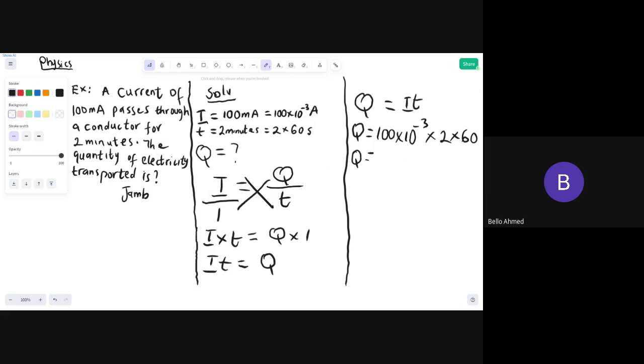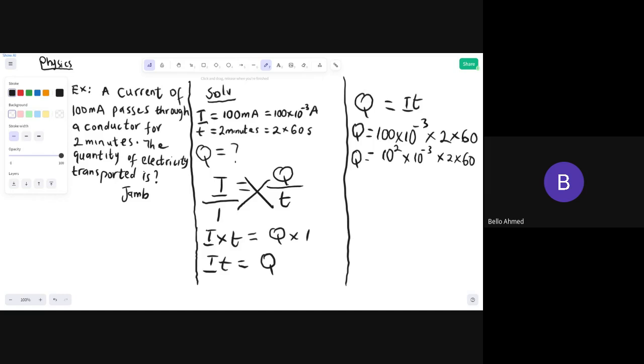So I will just say 100. This 100 is 10 raised to the power of 2, then times 10 raised to the power of minus 3, times 2 times 60.